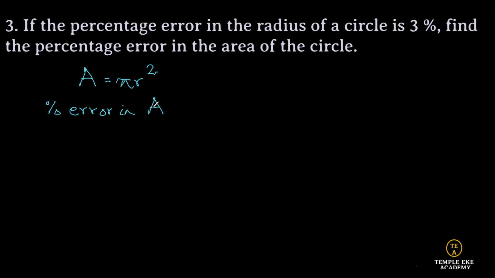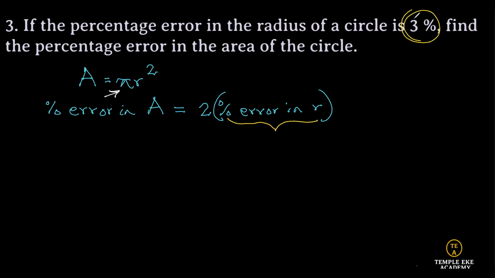Percentage error in A is simply, pi is a constant, will not participate, as we have already studied. But we have the exponents coming into play. So 2 down, multiplied by the percentage error in R. And now we're already given the percentage error in R. The percentage error in R is already given to us as that value, 3%, and we can introduce it right in there.